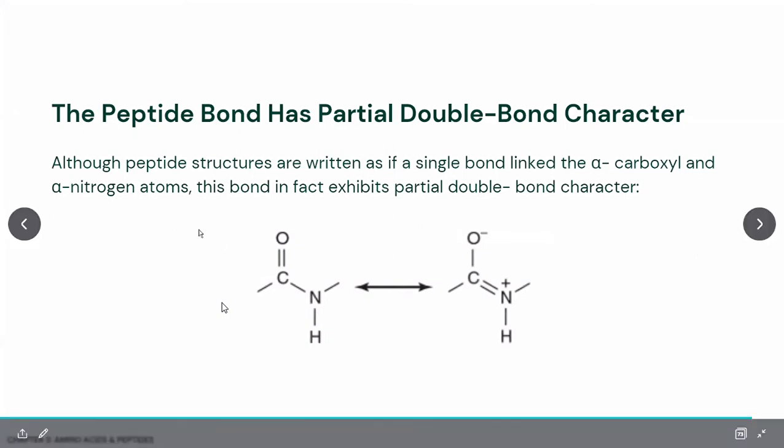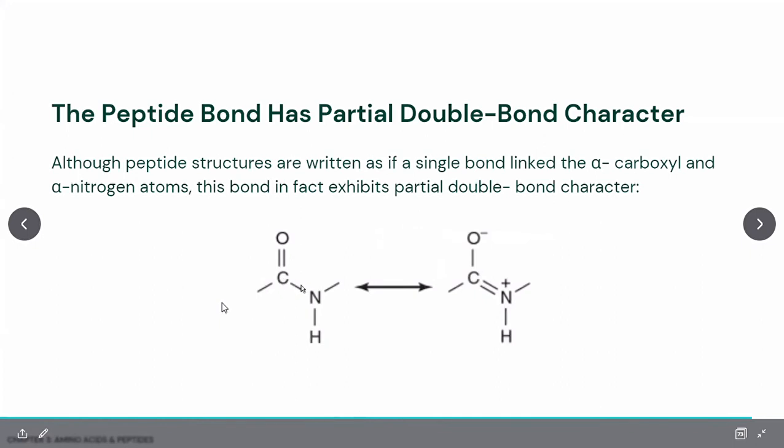Now, when a peptide bond is formed, that's carbon to nitrogen, or what we also call an amide linkage, it forms like a double bond. It's only one bond, but it has a partial double bond character.